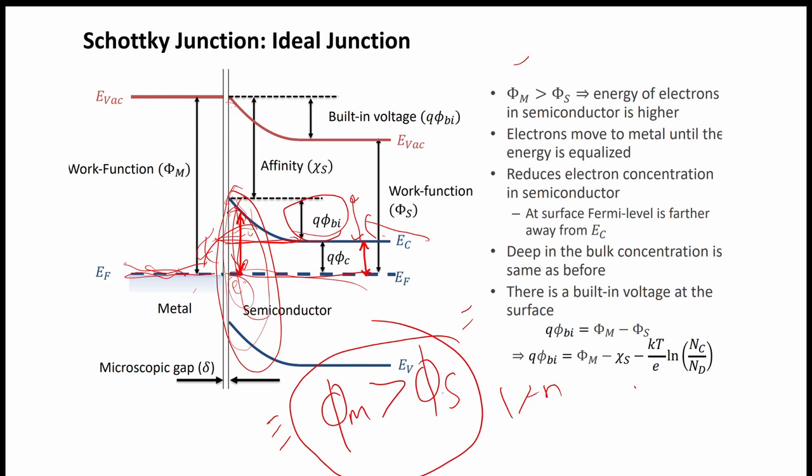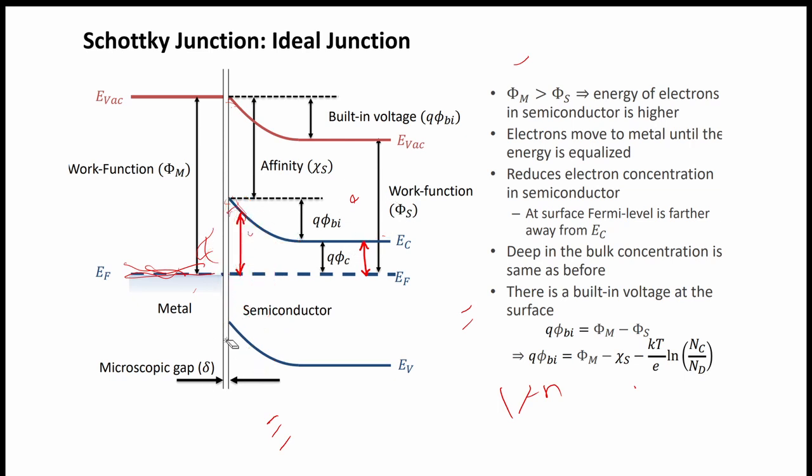In this region, the difference between the Fermi level and the conduction band is constant, or there is no slope in the conduction band. The conduction band is constant, the valence band is constant, so there is no field.